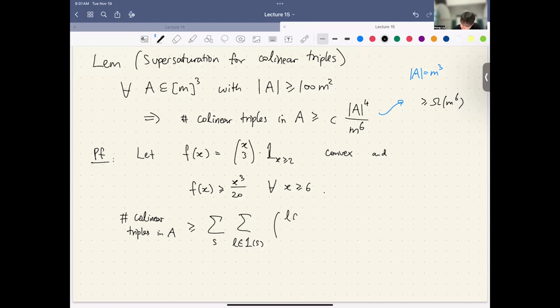Then I look at how many points of A this line L intersects. For every triple of these points, they form a collinear triple in A. So that's exactly the number of triples in A. This should be equality probably.